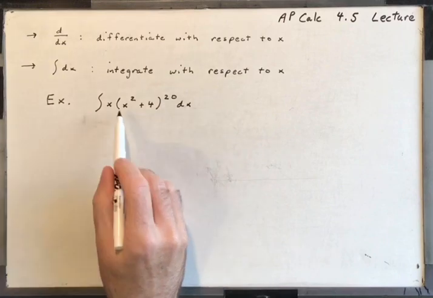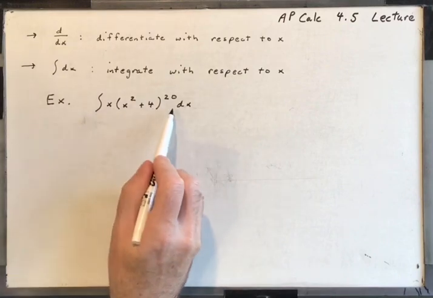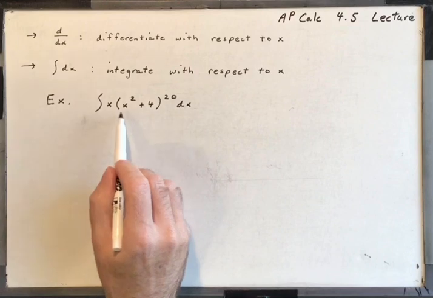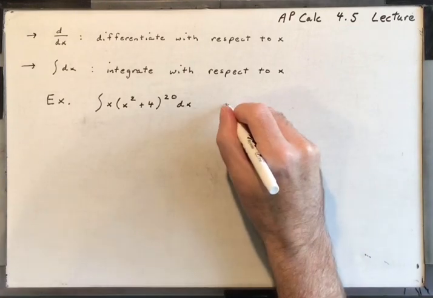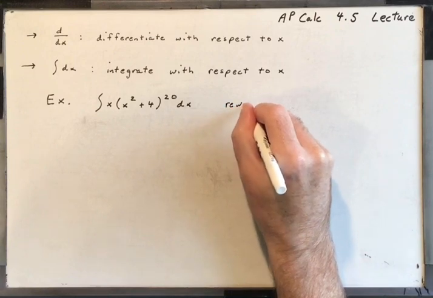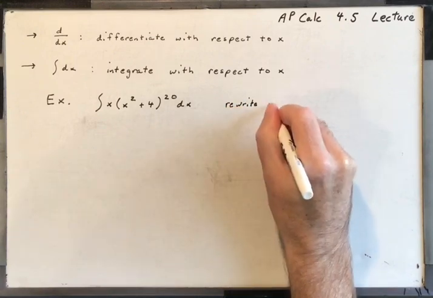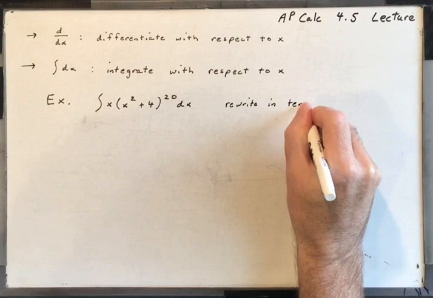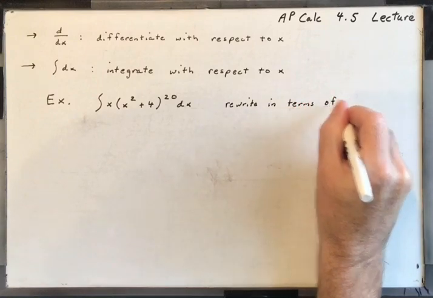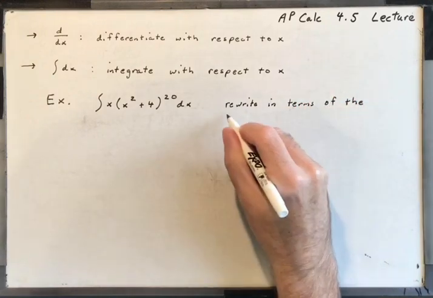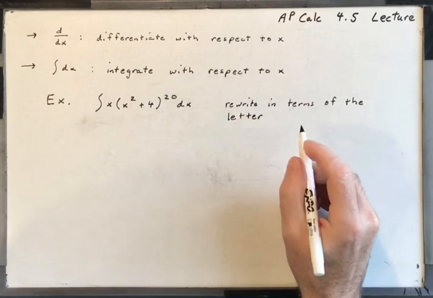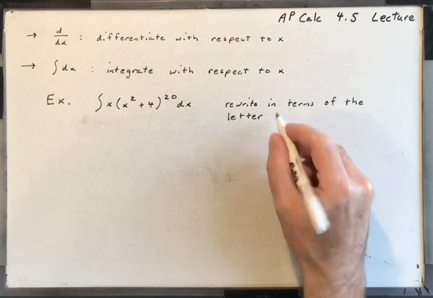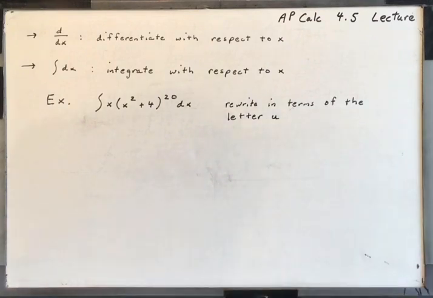So what we're going to do is we're going to rewrite this problem in terms of the letter U. In fact, when I was taking calculus in college, they called it U substitution.